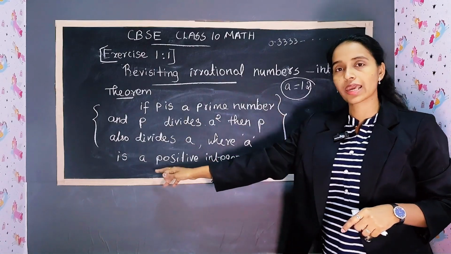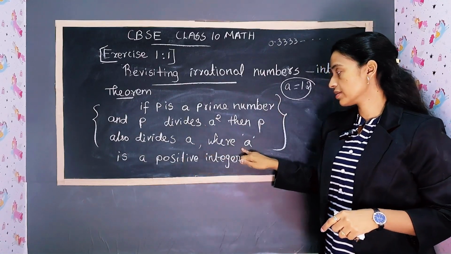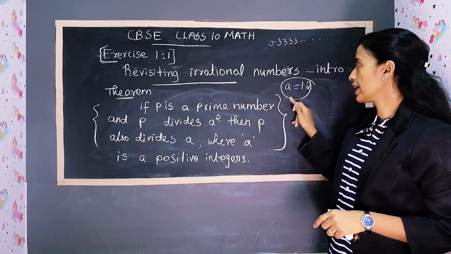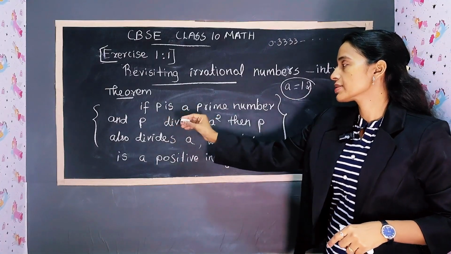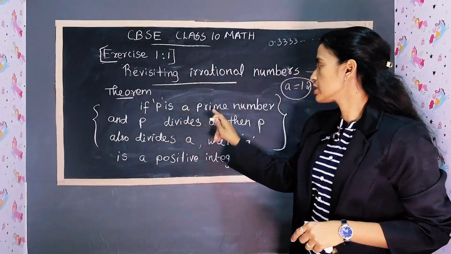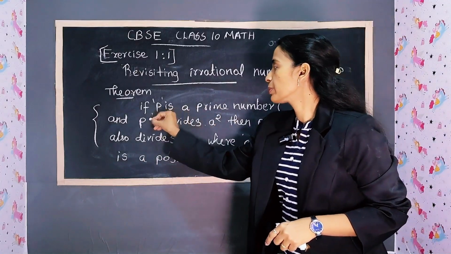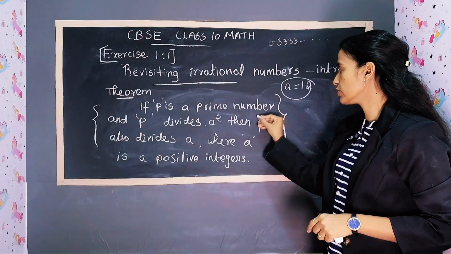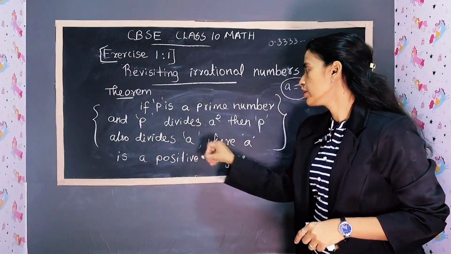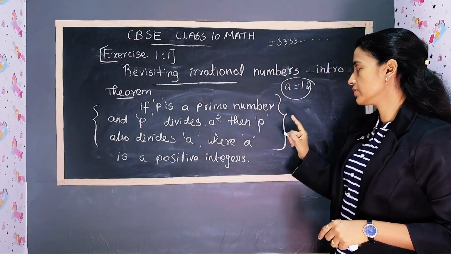I am just taking a. This a equal 12, right? And p is a prime number. P divides a square, then p also divides a, where a is a positive integer.